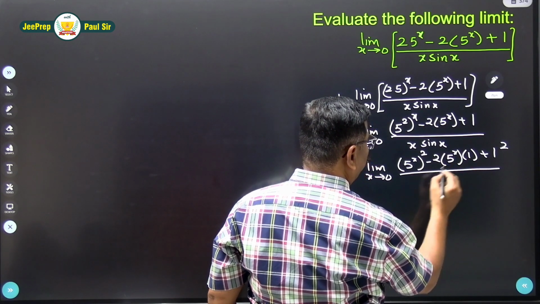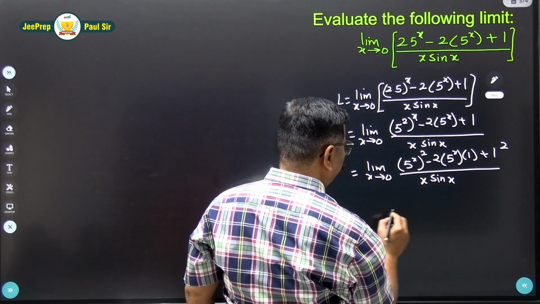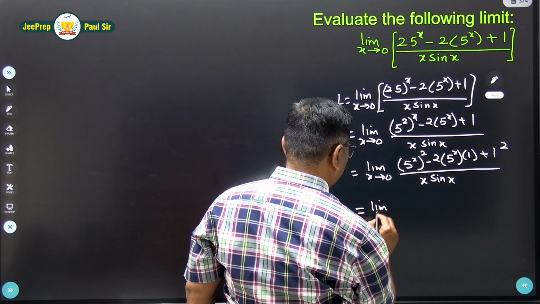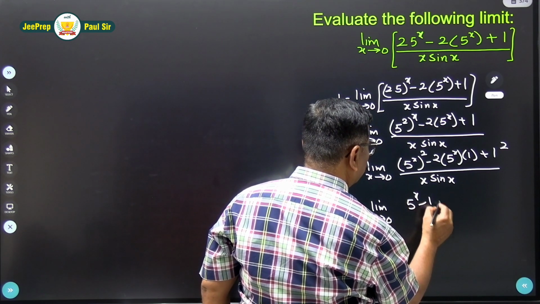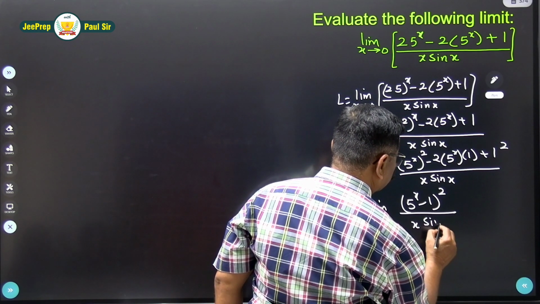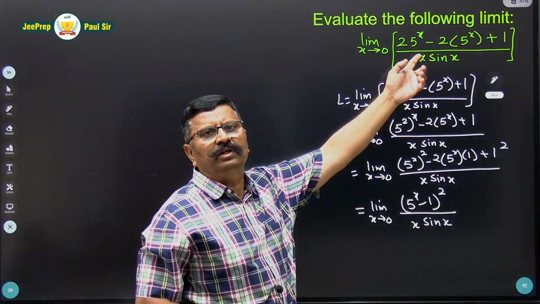So the numerator will be (a minus b) whole square, and the denominator we have divided by x sin x. So therefore limit x tends to 0, (5 raised to x minus 1) the whole square divided by x sin x. So this is the simplified version of the given function.